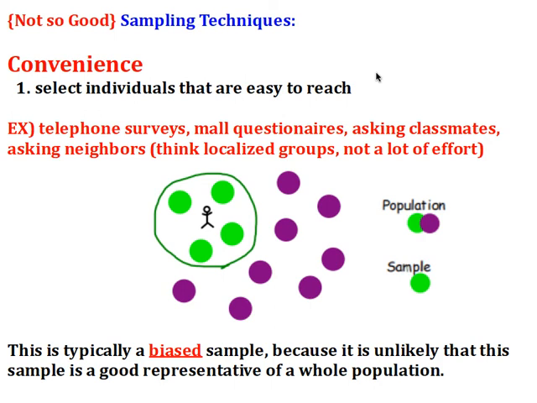Not that it always requires a lot of effort, but it's just not going to give you the best representation of an entire population. So in this case, this would be you or me, and I'm going to ask the people around me. If we look at our picture here, we can notice some of the people who are further away, it's not reaching some of our outer population, and it's not always the best grouped. So convenience is typically a biased sample.